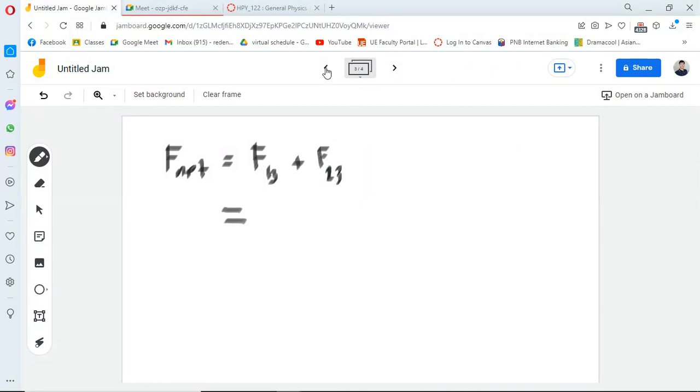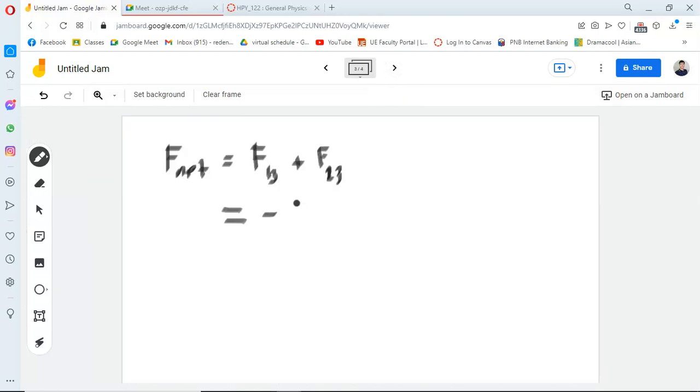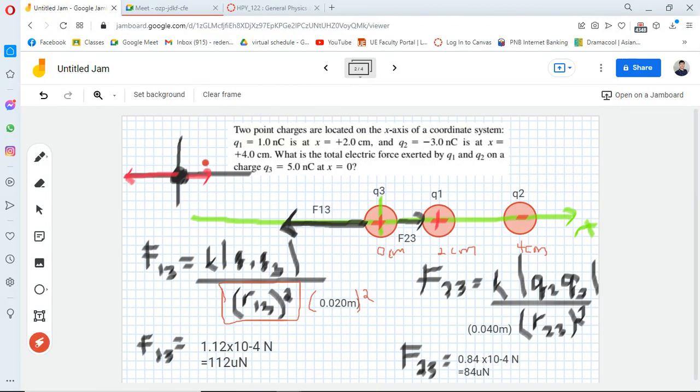Whereas our F13 has a value of, let's just use this to make it easier, 112 Newton, but it must be negative. Right? It must be a negative value. Negative 112 micro Newton, because in our diagram it is oriented in this part. So be careful in getting the vector sum.